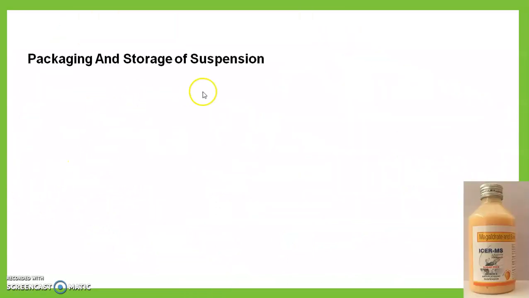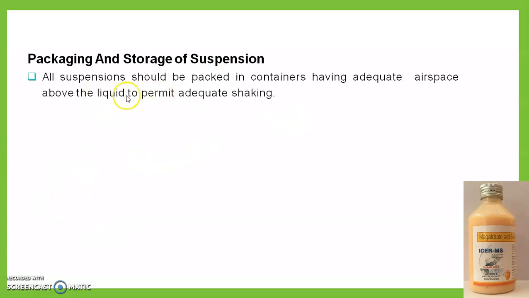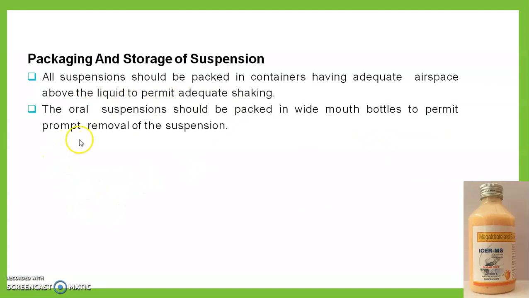Then we see the packaging and storage of suspensions. All suspensions should be packed in a container having adequate air space above the liquid to permit adequate shaking. Oral suspensions should be packed in a wide-mouth bottle to permit prompt removal of the suspension.